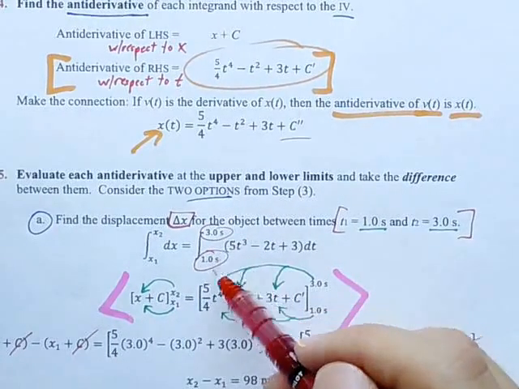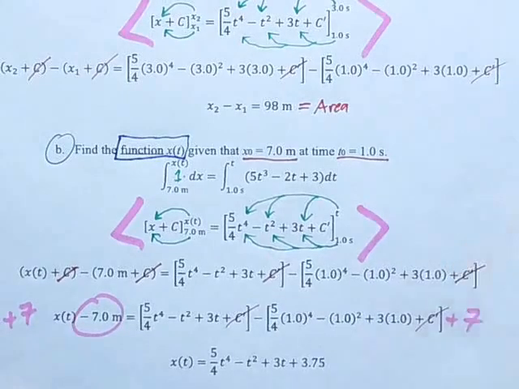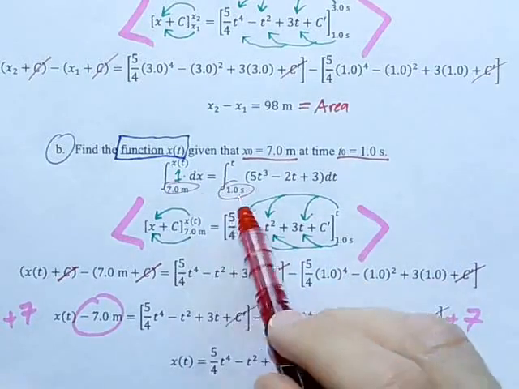You should show the numerical values. Likewise down here, you should show the 1 second and the 7 meters. Specify those values to show that.